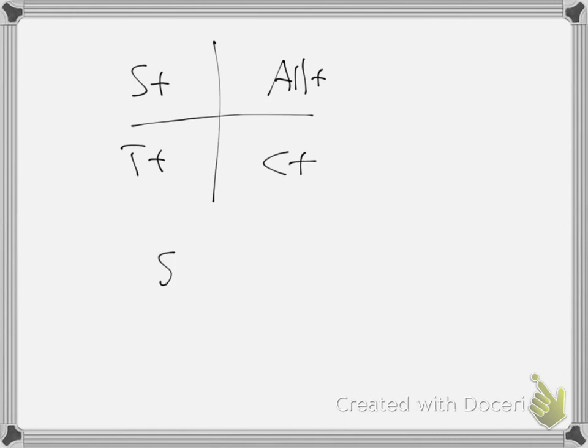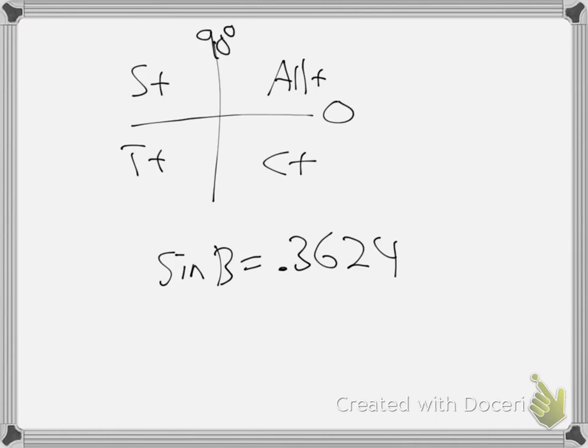But here's the deal. If you remember, why did we have that second triangle option? Because remember how the signs go. All students take calculus. So if you have something like sine of angle B coming out to be 0.3624 or whatever, and you're trying to find angle B, that could actually be two places, couldn't it? That could be somewhere between 0 and 90 degrees, because in the first quadrant, sine is positive.